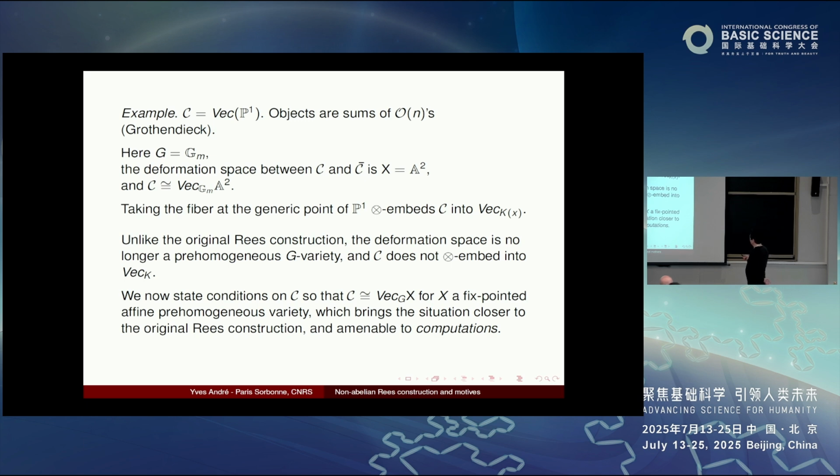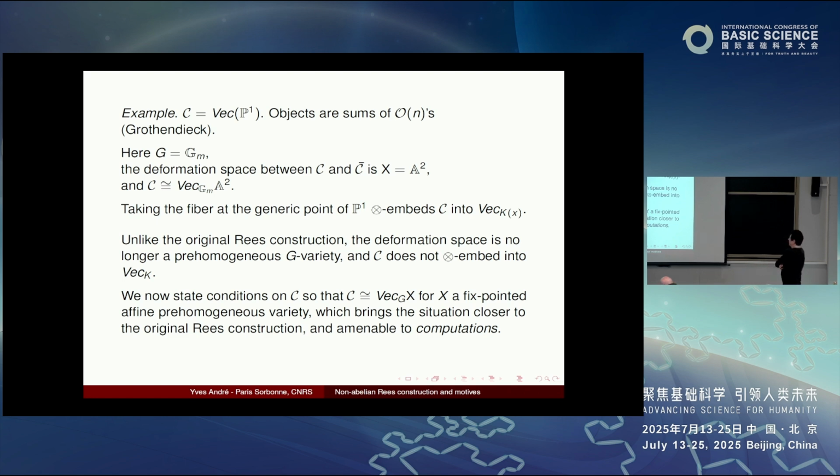The affine plane is not pre-homogeneous under G_m. And moreover, the category C, the vector bundles over the projective line, does not embed into the category of vector bundles over K, only into the category of vector bundles over K of X. When I say embed, I mean not necessarily fully.